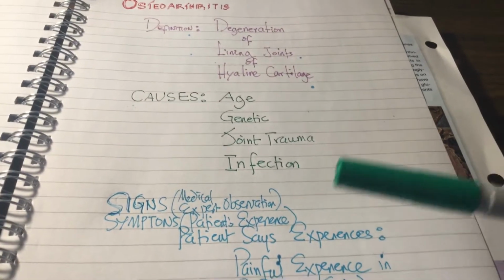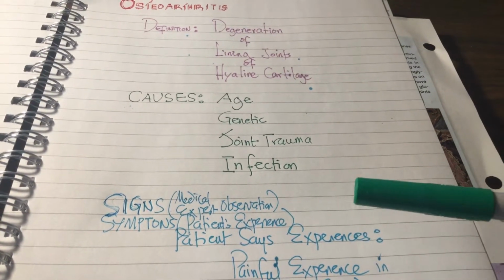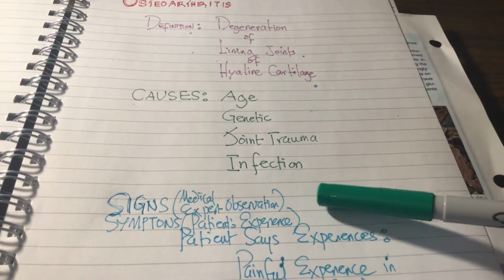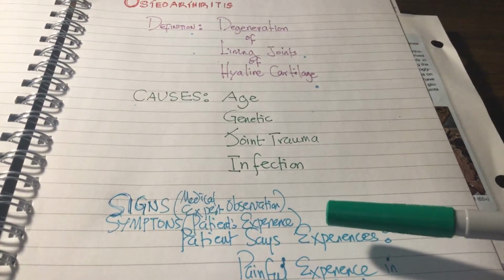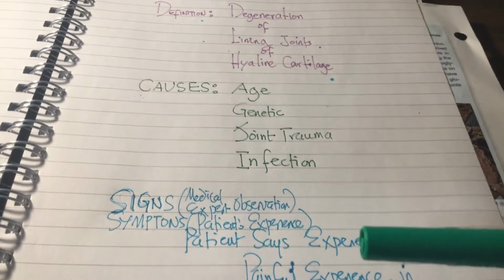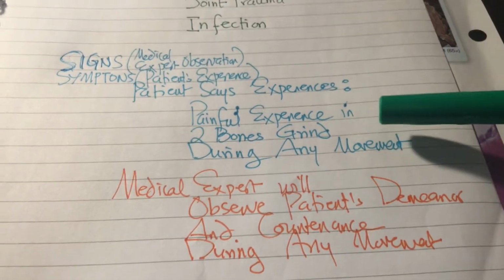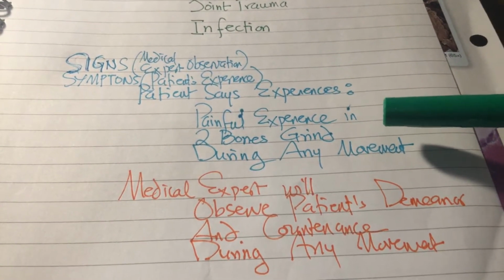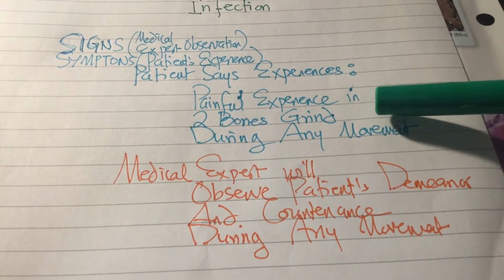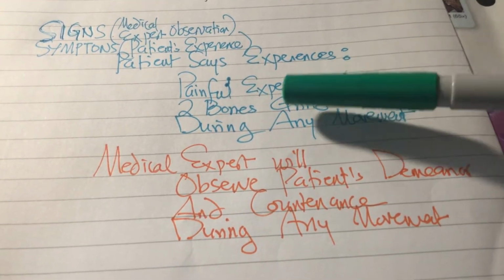Now, for osteoarthritis, the signs and symptoms. Usually, signs are what the medical expert or health professional is observing, and the symptoms are what the patient is actually experiencing, in terms of what he says the problem is. So, usually with osteoarthritis, the patient will say something like, experiencing painful pains in the two joint bones anytime he moves.